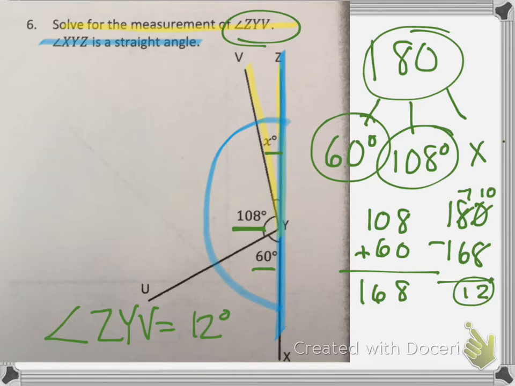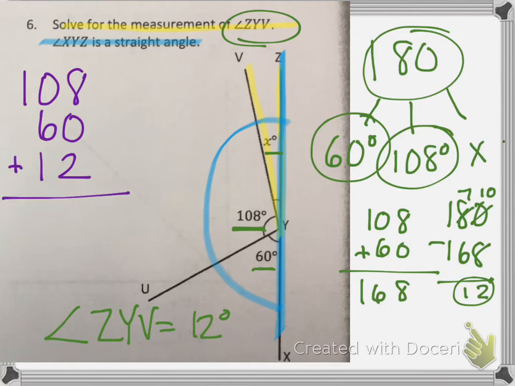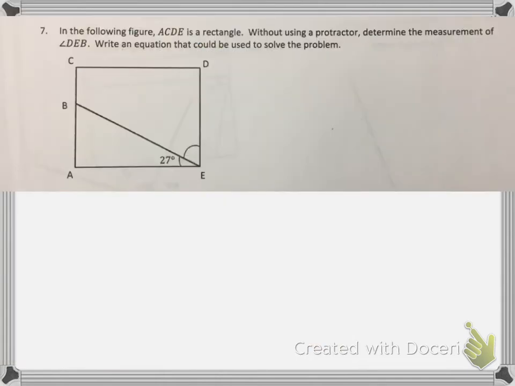And then I'm a great mathematician, but I'm still going to check my work. So 108, 60, and 12 should equal 180. Add it up for me. I got 180. Check.